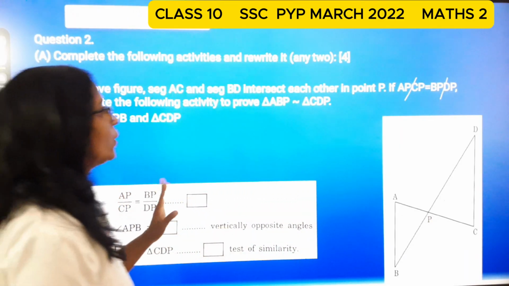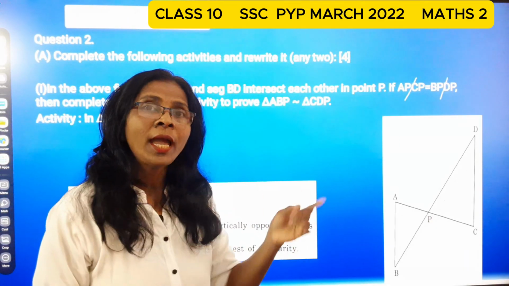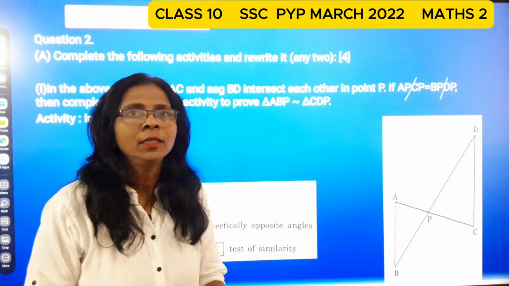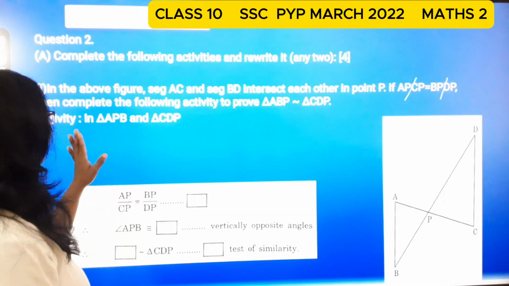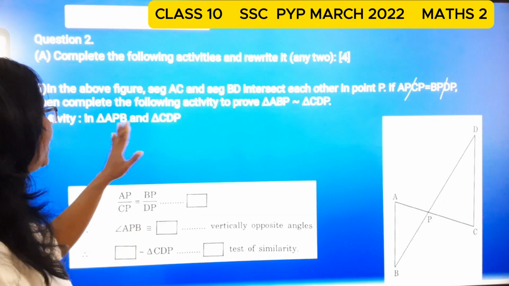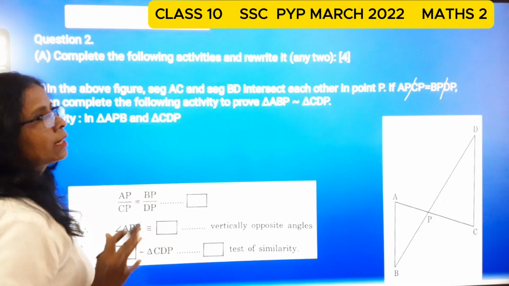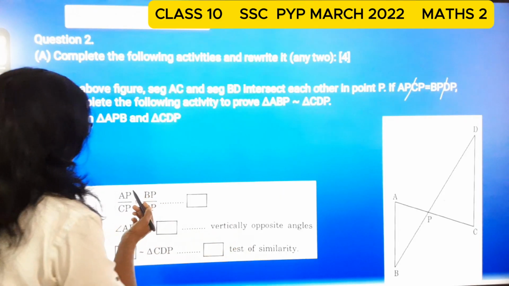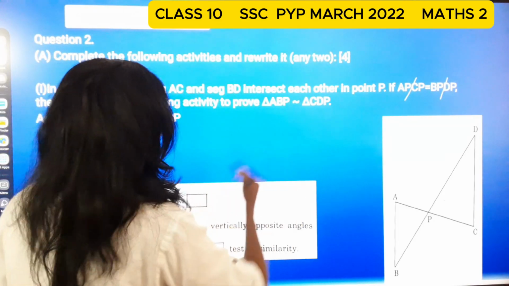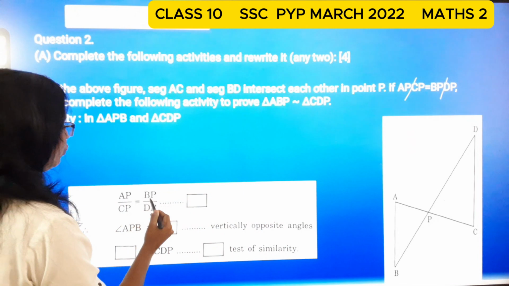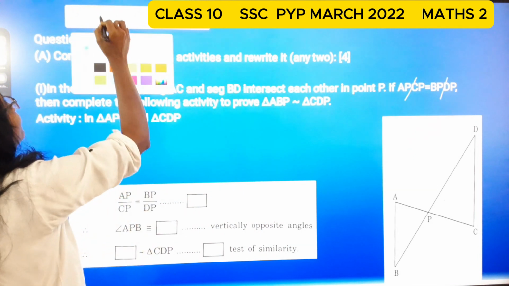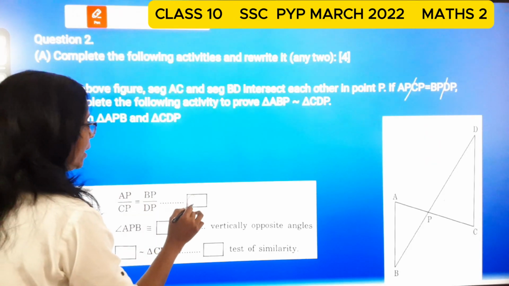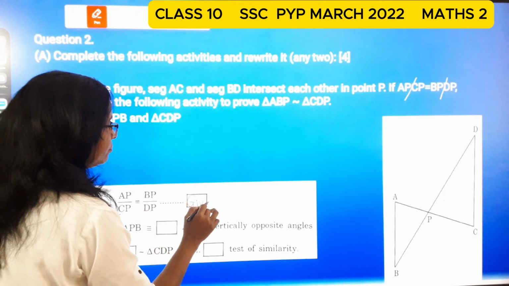In triangles ABP and CDP, the first observation is the given: AP upon CP is equal to BP upon DP. So here we write the given.